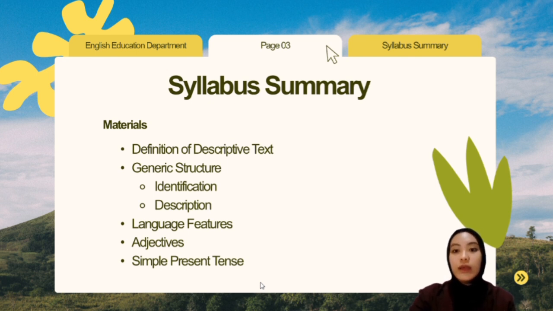Students also learn important language features, especially the use of adjectives and the simple present tense. These materials provide students with the foundation they need before producing their own descriptive text.